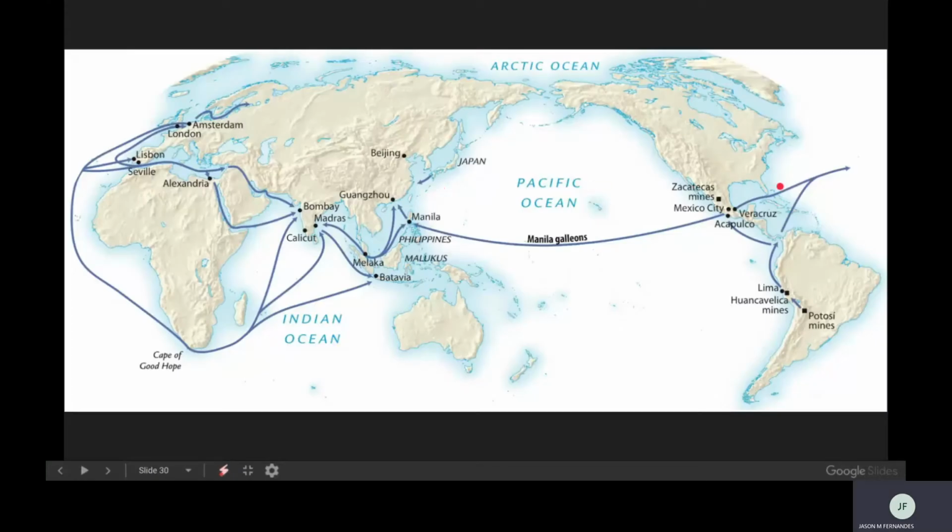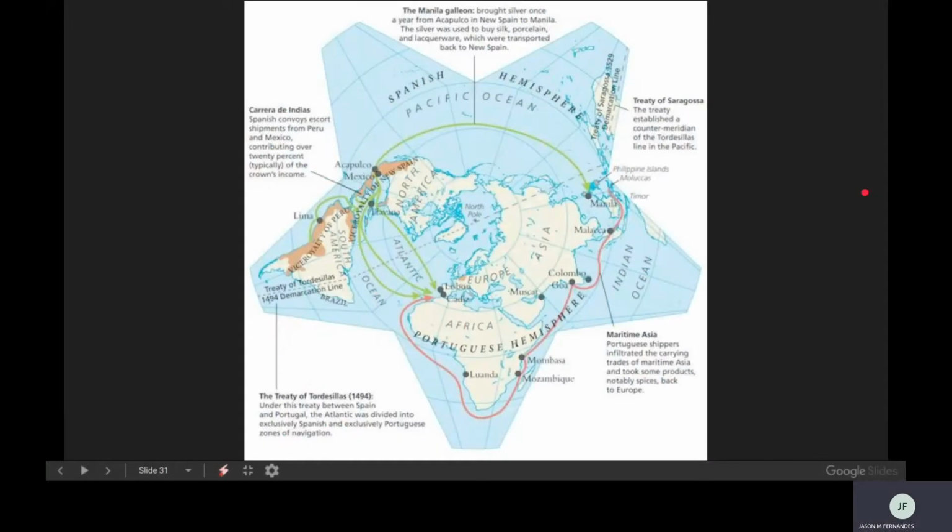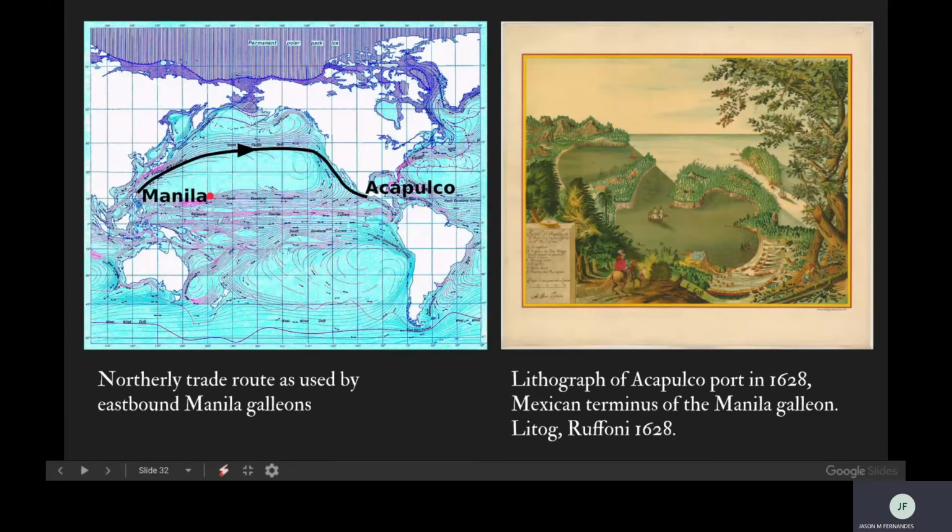I love maps, so I have a couple of these on here for you. Okay. Really interesting way to look at it. And you can just kind of ride these trade routes, these trade winds, right? And currents.